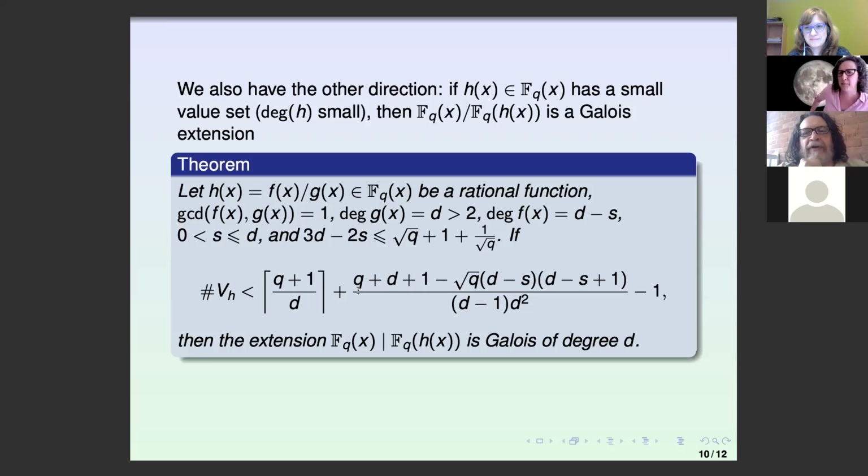I'm not saying that it will be immediate. It depends on three parameters, Q, D, and S. Yes, but precisely because you have three parameters, you may be able to play a bit and find some particular case very close to the minimal value.